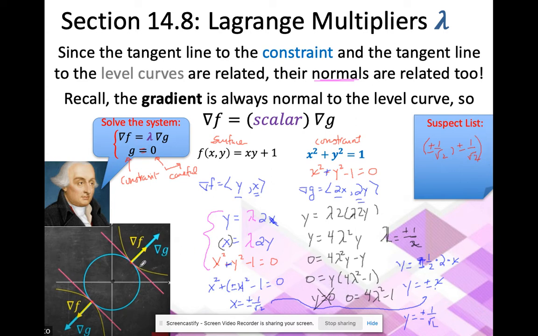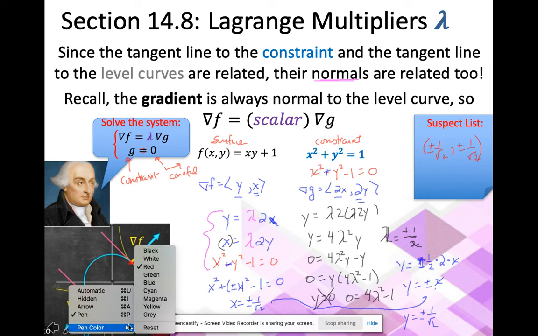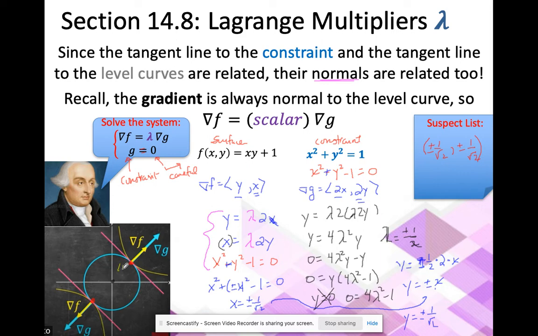Maybe you won't be surprised to recognize that that's where these points are. This one is 1 over root 2, 1 over root 2, negative 1 over root 2, negative 1 over root 2.